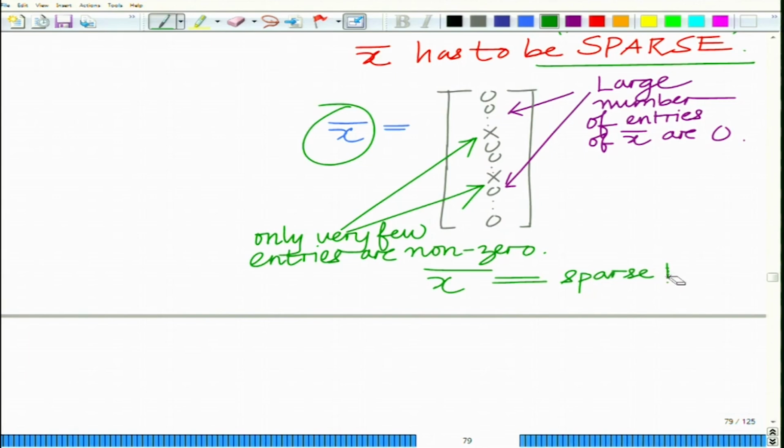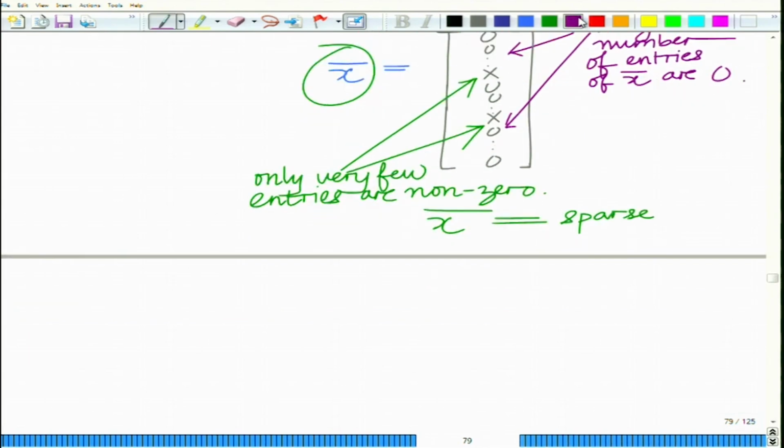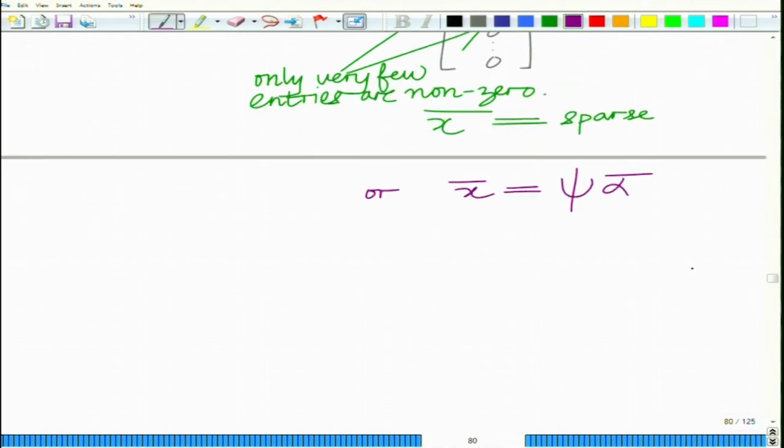Or alternatively, and this is typically what happens, x bar equals psi, some matrix psi, times alpha bar.